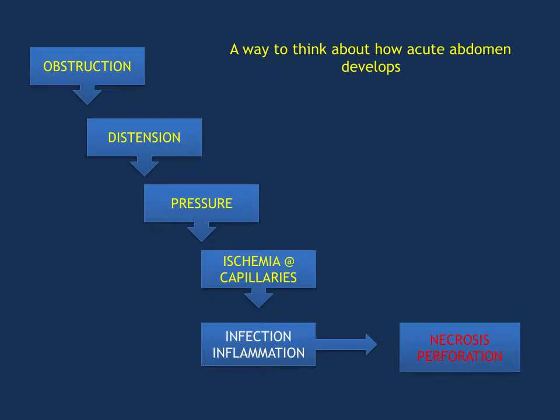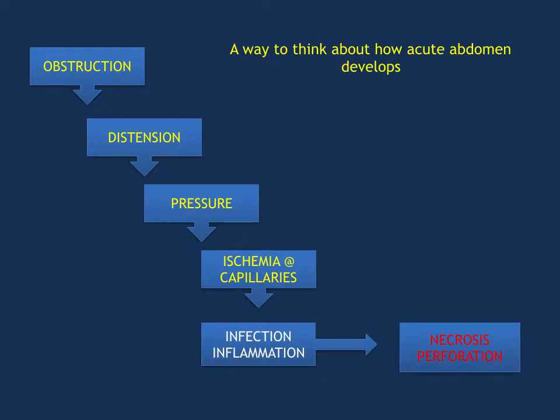You should think about it as obstruction leads to typically distension, and the distension creates pressure, and it is this pressure that blocks venous outflow and flow into the capillary, which essentially creates a compartment-type syndrome, and that prevents delivery of oxygen to your epithelial cell layer.